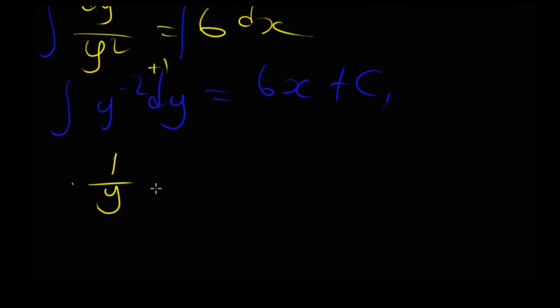When you add 1 to negative 2, it will be negative 1, so the answer will be y to the negative 1 over negative 1. Yes, this is correct.